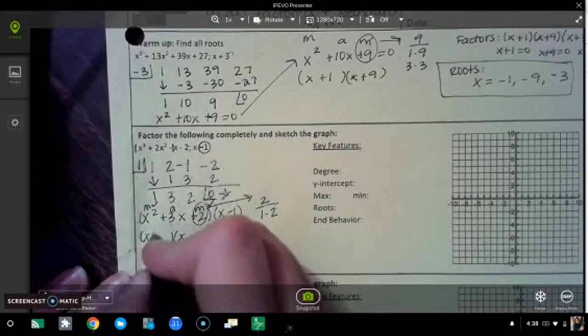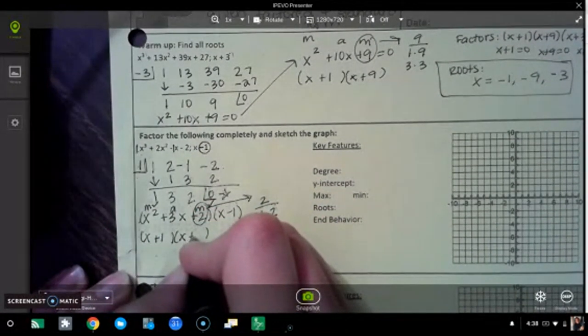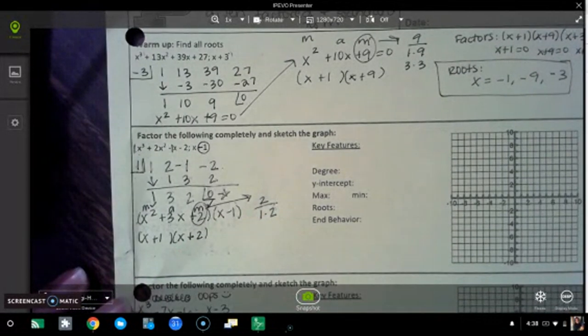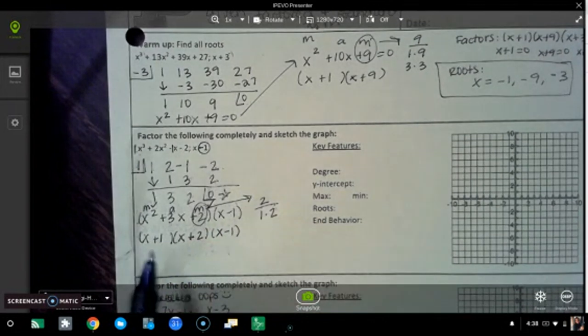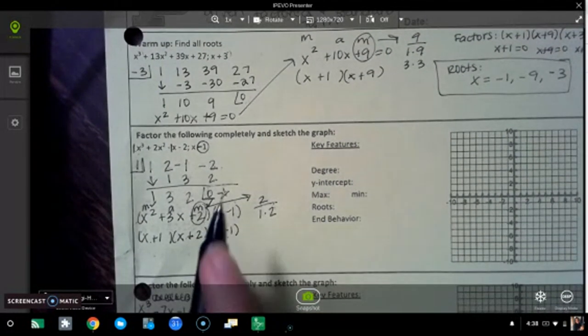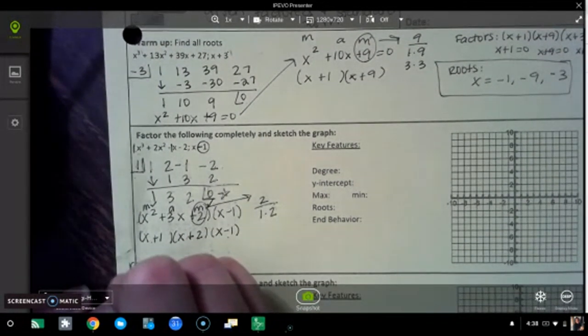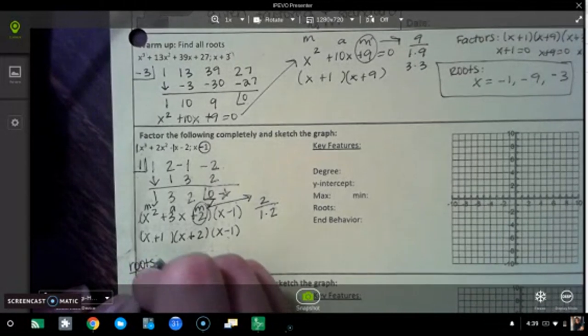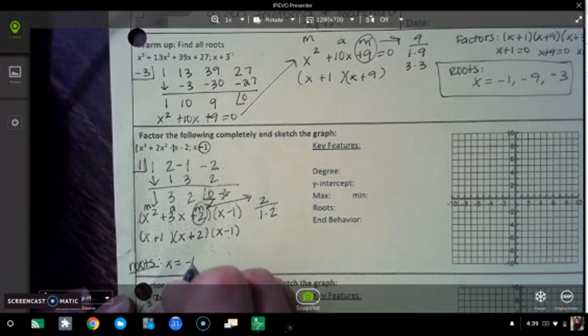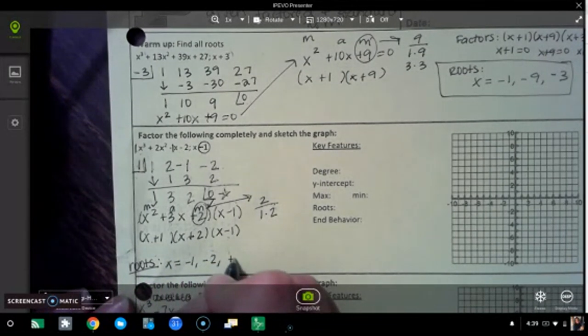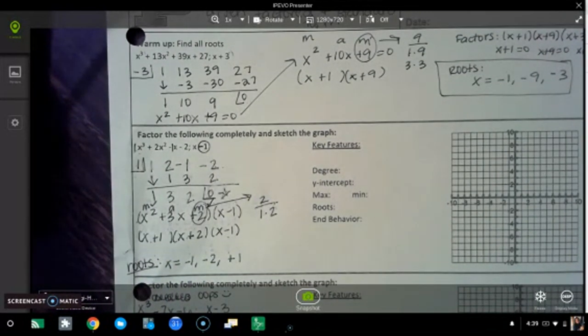Add 1 plus 2. So don't forget to pull this extra 1 down as well. So now I have a degree 3 polynomial. And when I'm finding my roots, set each of these equal to 0. So I'm going to get x equals -1, -2, and +1.